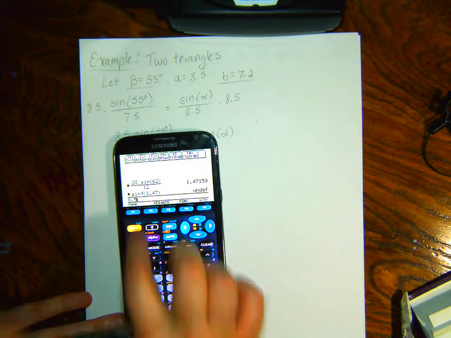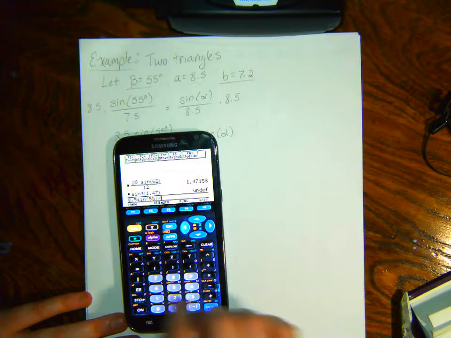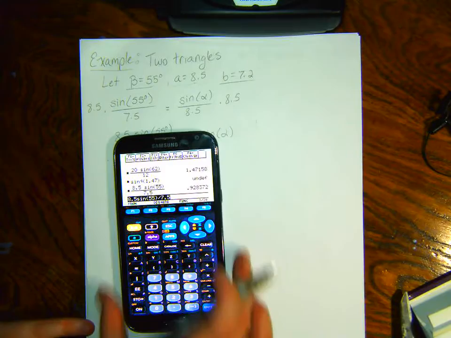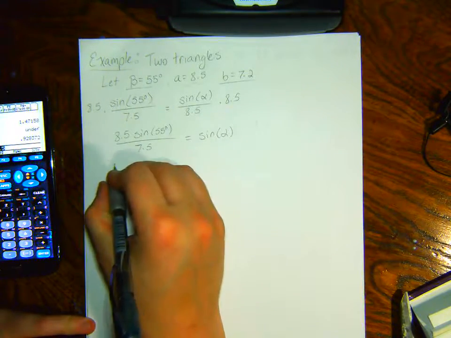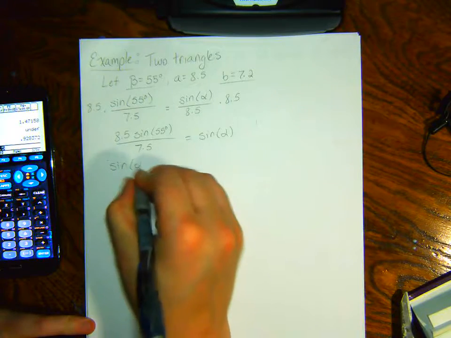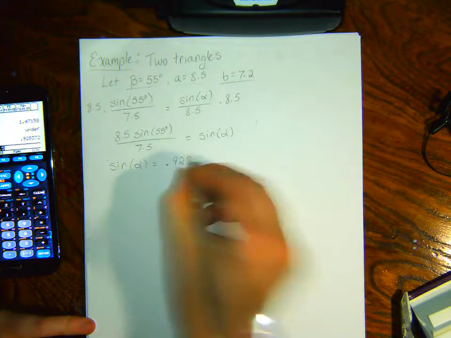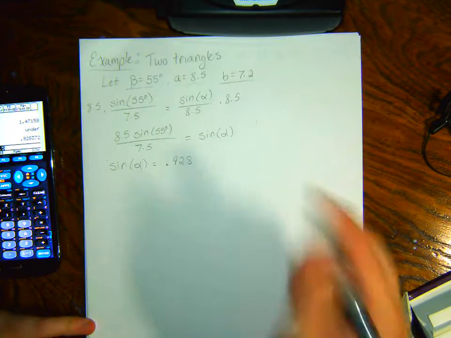So that's 8.5 sine of 55 degrees divided by 7.5. That's going to give us about 0.928. So sine of alpha equals 0.928. Now this is fine because 0.928 is less than 1.